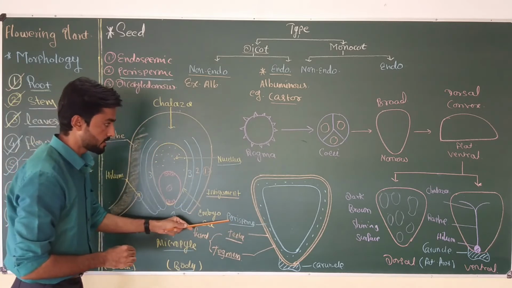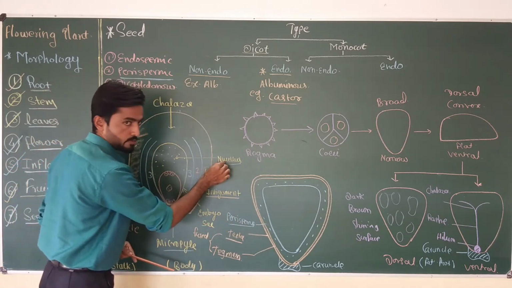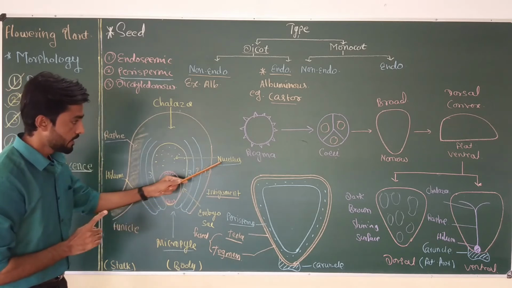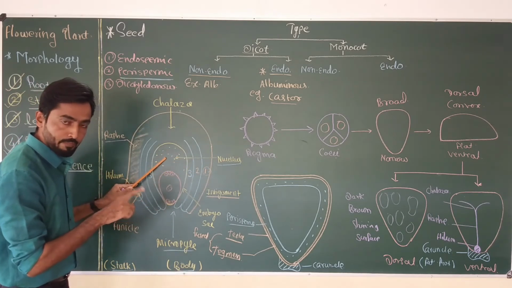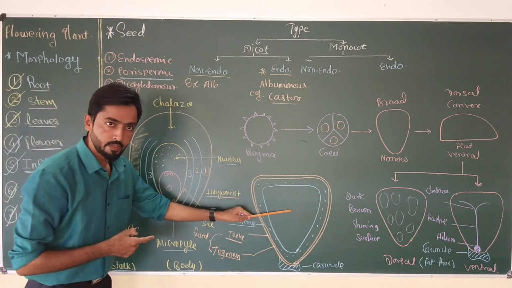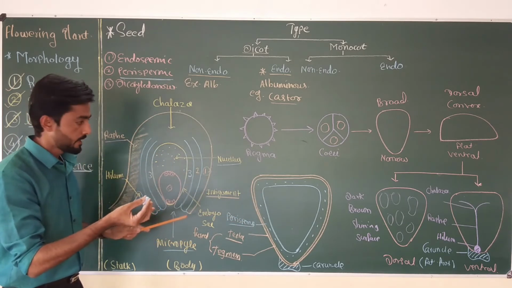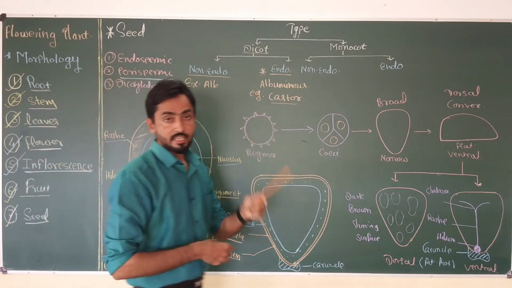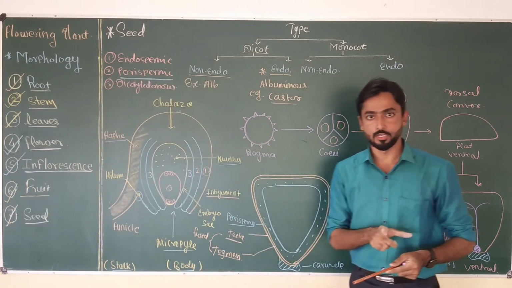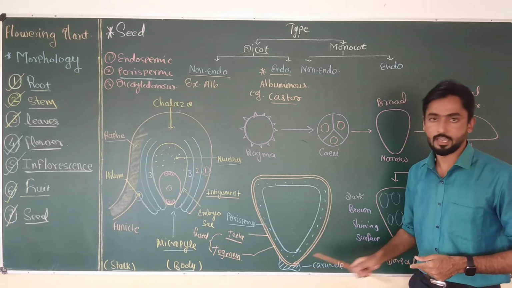So it is nothing but the remnant of the nucellus, the remaining material of the nucellus. This is the bulky tissue present in the body of the ovule, and it also appears in the seed after development as a perisperm. Okay, the perisperm is rich in lipids and protein, similar to the caruncle.